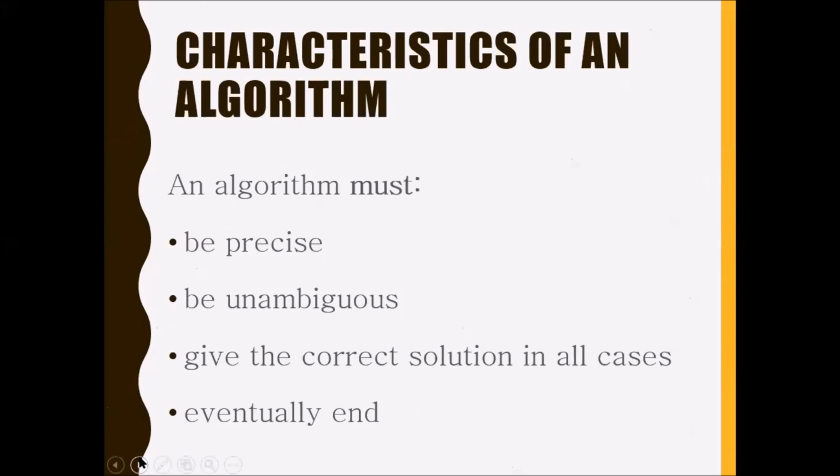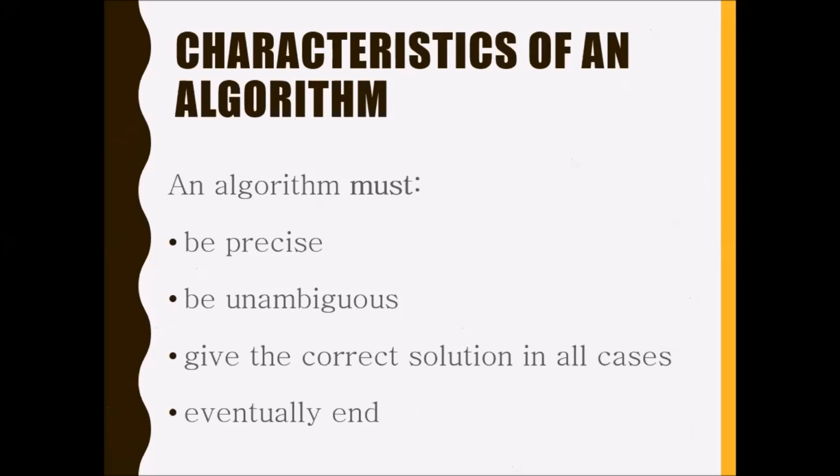So what are the characteristics now of an algorithm? Preciseness. So we said it is a sequence of steps, 5 steps, 10 steps, 11 steps. Some programs probably have 100 in there. It must have a precise number of steps. It's unambiguous, which means that it is clear.